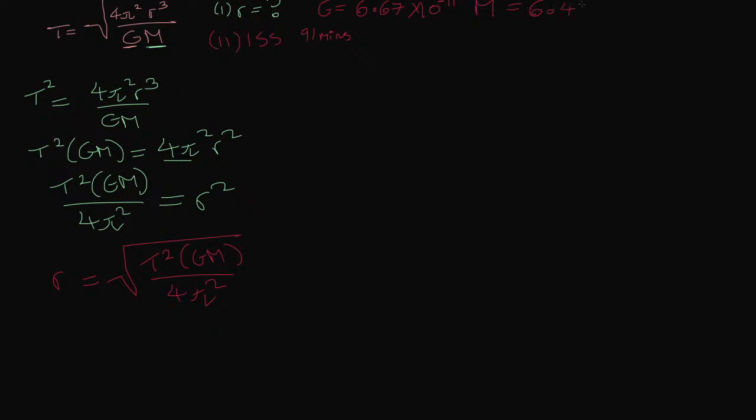So this is the actual mass of the Earth that we live on, which is pretty cool to know. That's a huge number. Find the radius of rotation of the ISS correct to the nearest meter.